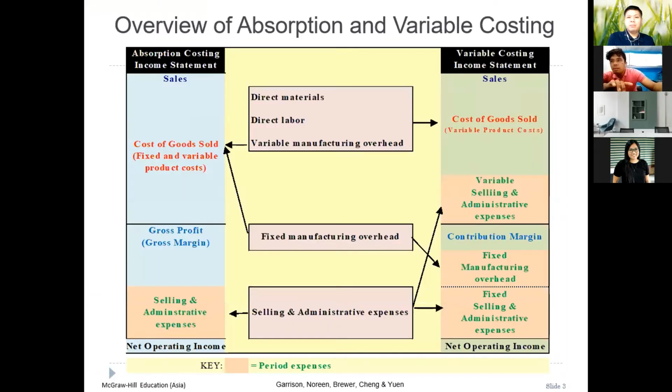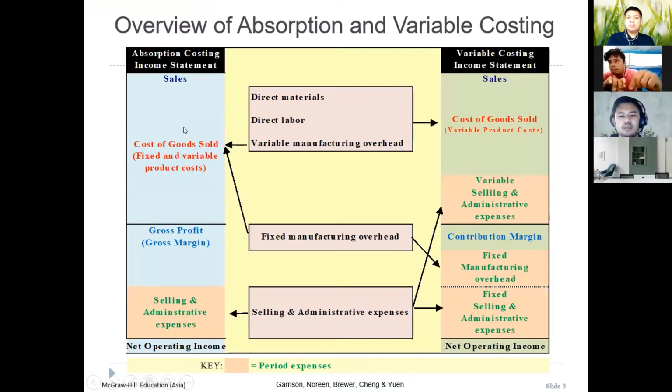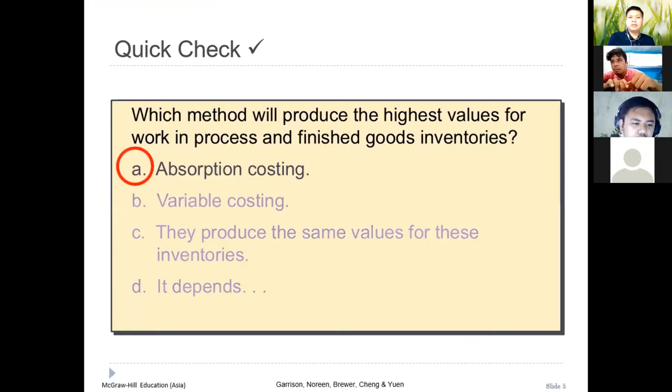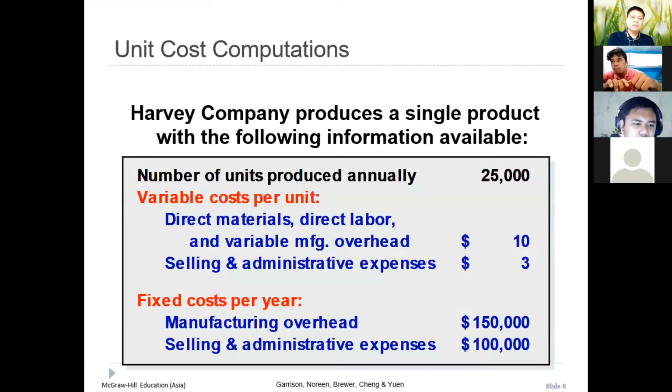Well, looking back, what goes into absorption costing? Absorption includes direct materials, direct labor, variable and fixed overhead. Here, the fixed is missing. And so, of course, your answer will be what? Absorption costing will produce the highest values for work in process and finished goods inventories.